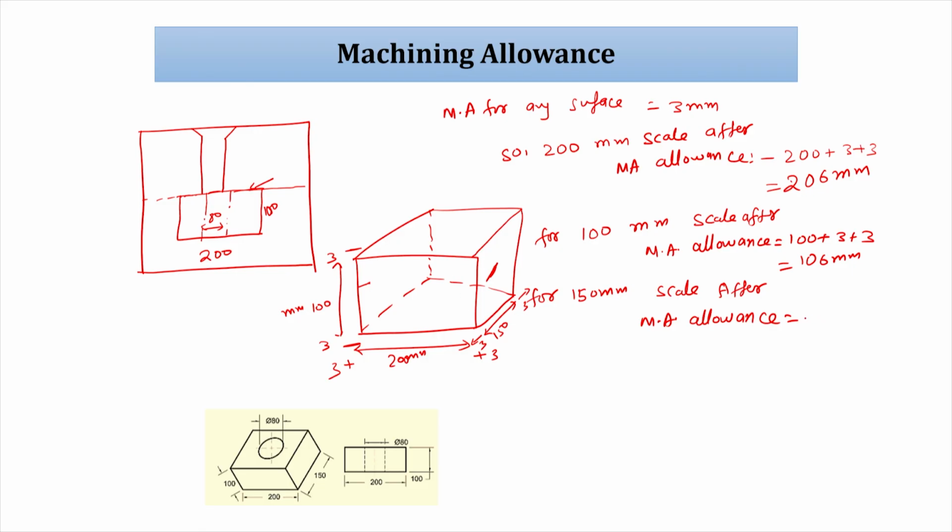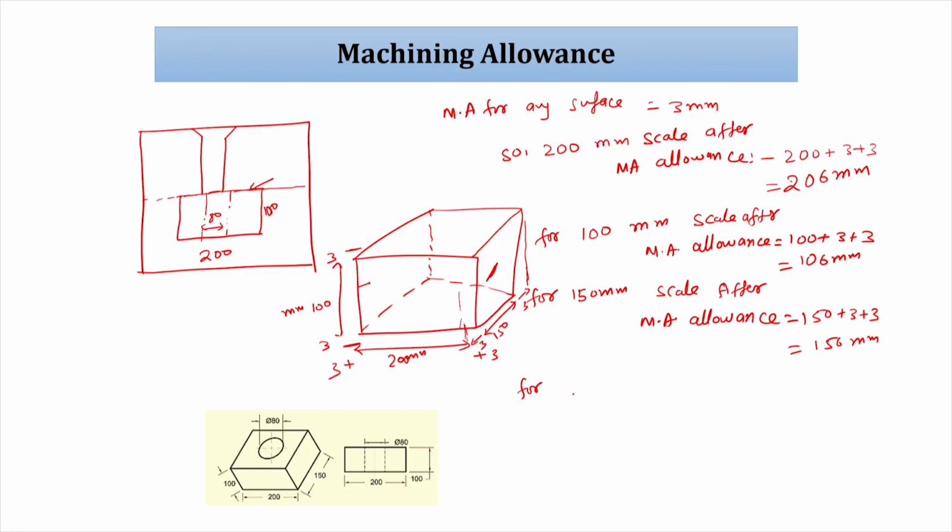So, 150 plus 3 plus 3, 156 mm. Okay. Now, someone is saying I do not want to machine one side, I just want machining on the other side. So, the answer will be 153, okay, not 156. Depending on the situation, what the customer wants, you can change your scale.